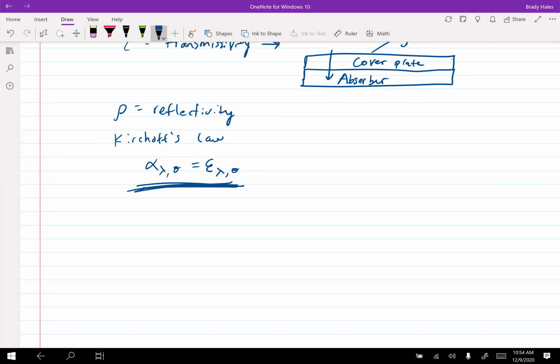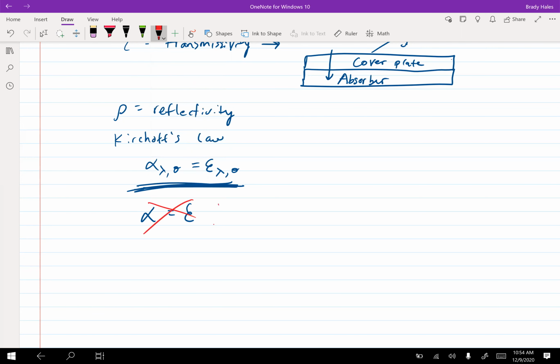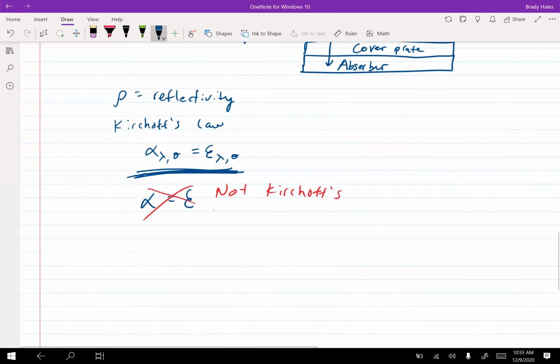Many people think that Kirchhoff's law is alpha equals epsilon. That is not Kirchhoff's law. That is an application of Kirchhoff's law to a specific case. So I'm going to write not Kirchhoff's law here, although this equation may be true for certain cases. Let's talk about those cases.